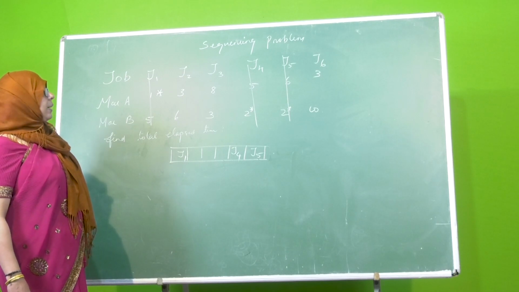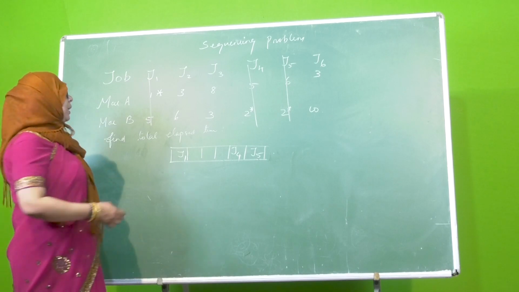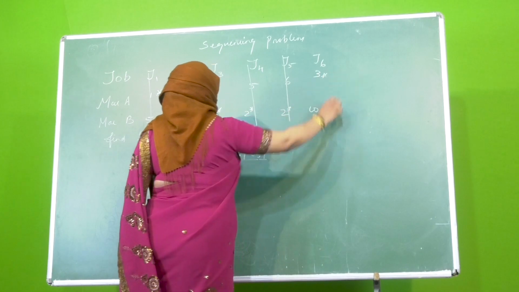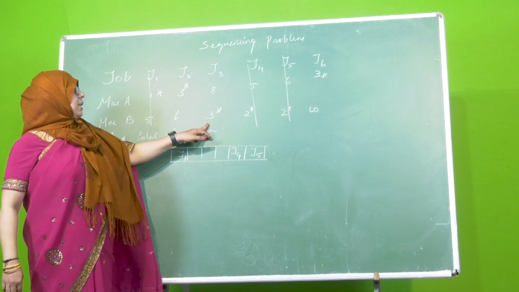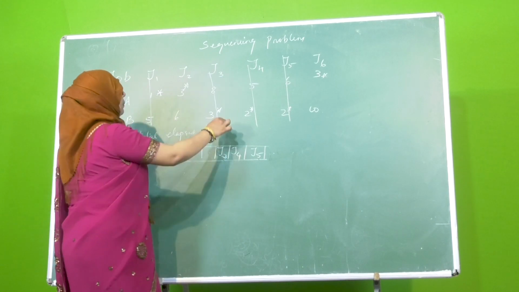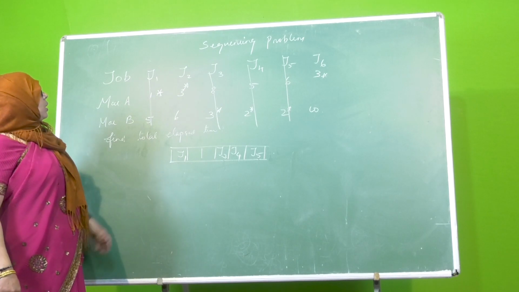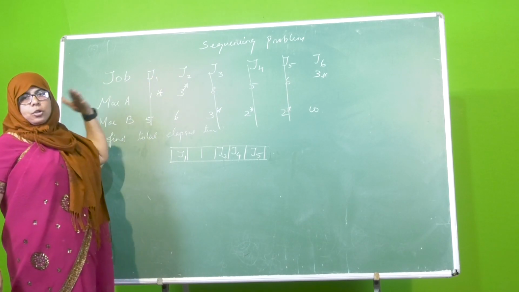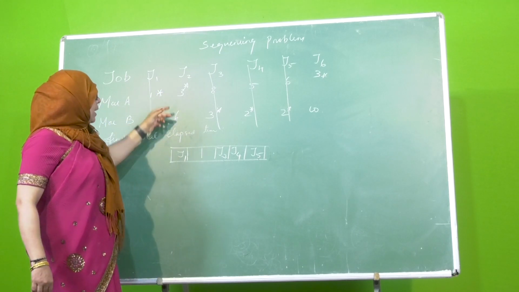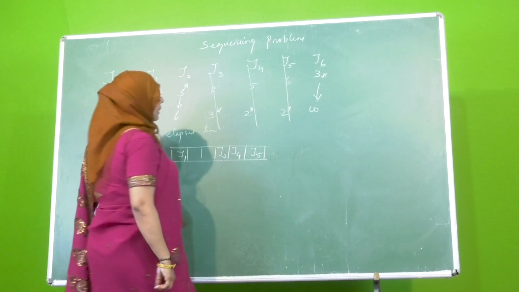Next you have to compare machine A and machine B and choose the least element. What is the least element? 3 and 3. So these 3 in machine B, obviously J3, J2 and J6. As I said in the earlier case, you have to see the corresponding elements, that is 6 and 10.